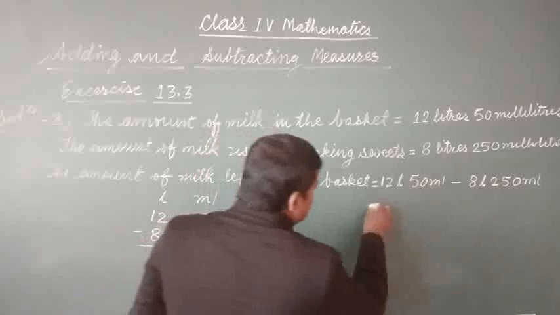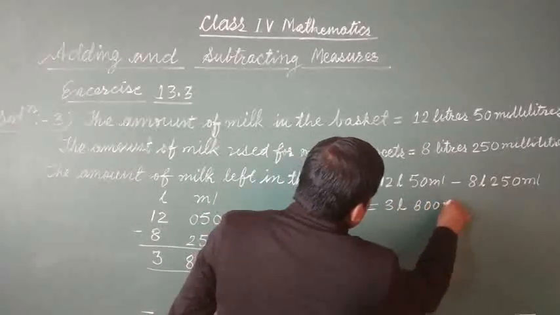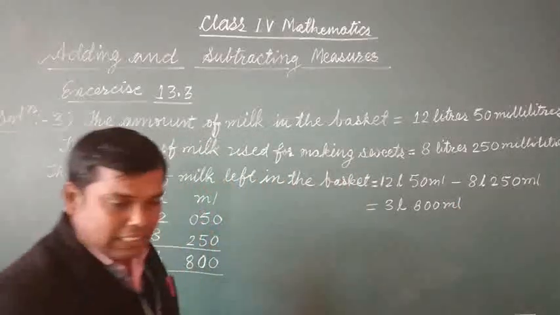Here you can write 3 liter 800 milliliter.